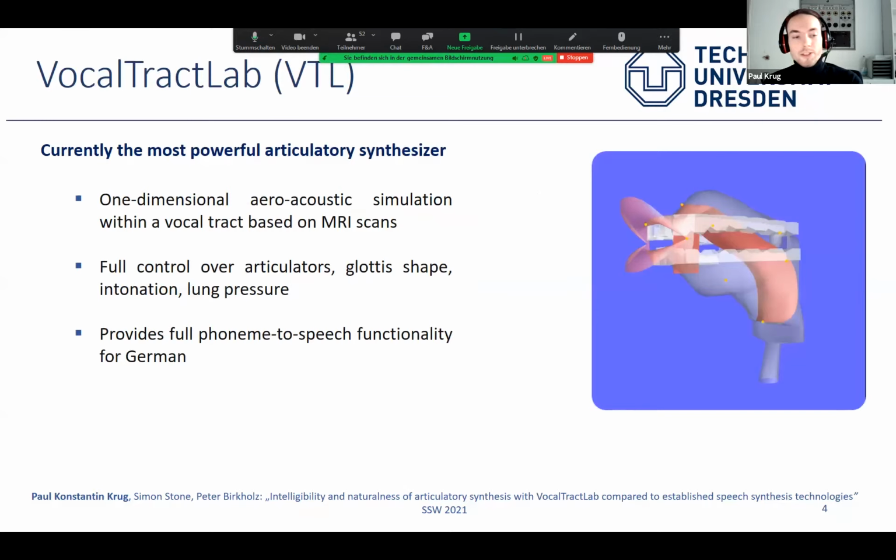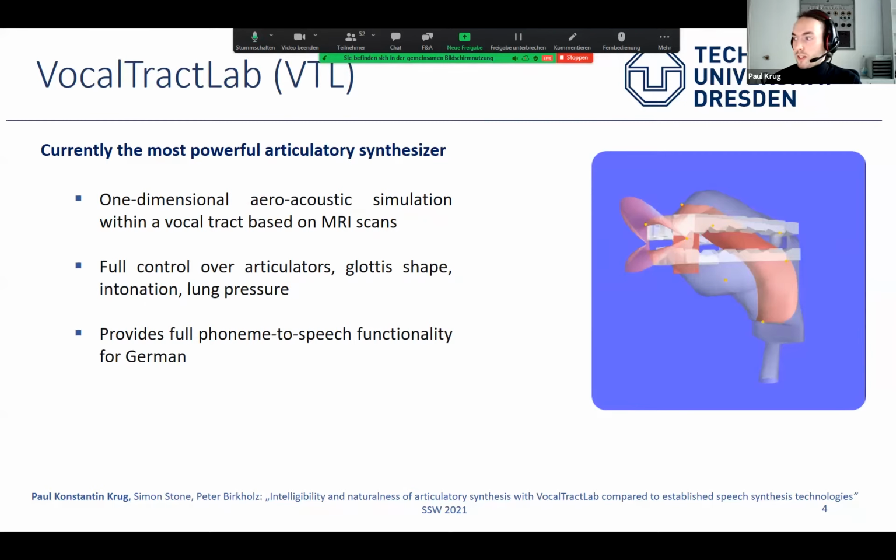Vocal Tract Lab is an open source articulatory synthesizer that provides a one-dimensional aeroacoustic simulation within a vocal tract model, which is based on MRI scans of the human vocal tract.